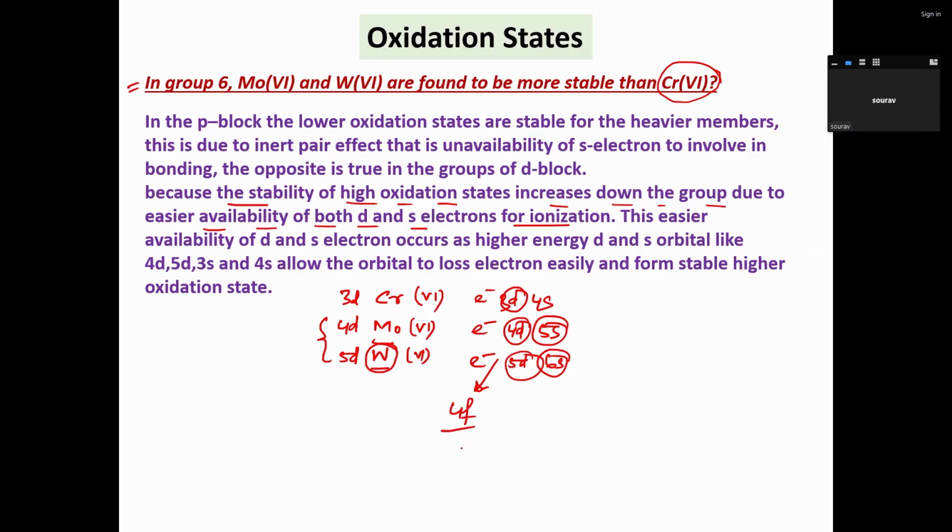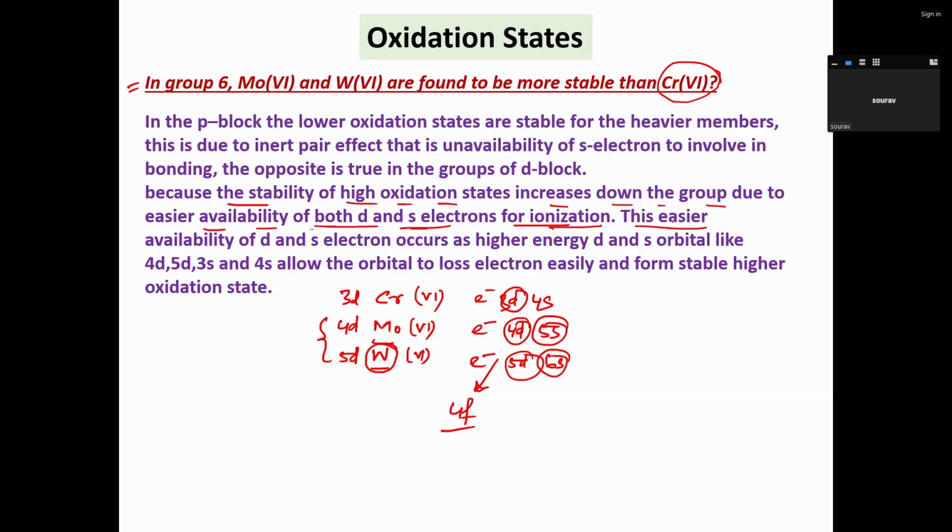We can also say that these electrons in the 4d and 5d orbitals move more away from the nucleus compared to the 3d orbitals. So there is the easy availability of both the d and the s electrons for ionization.